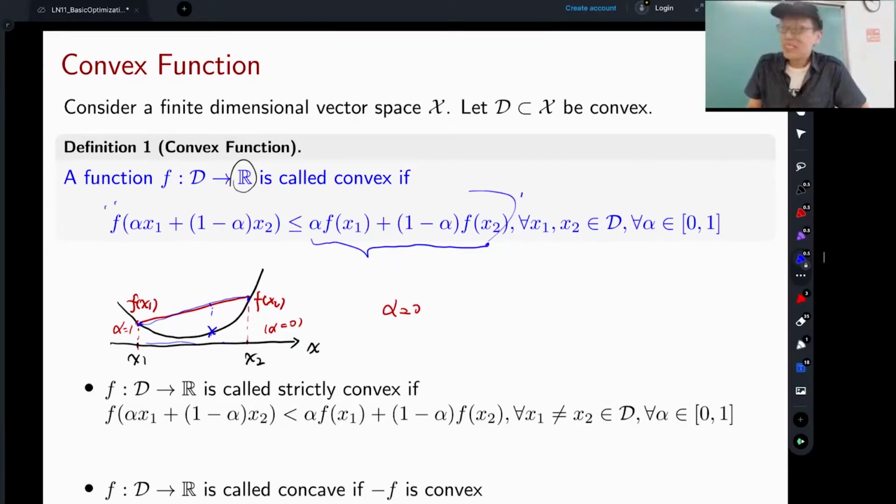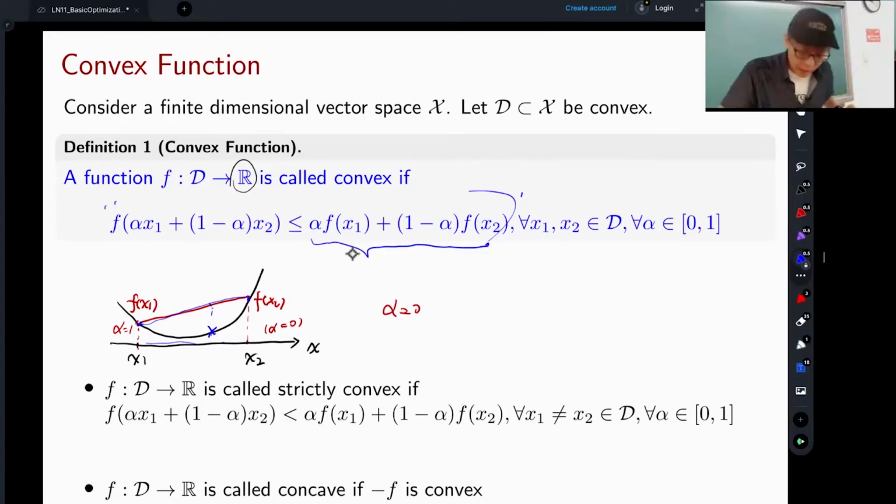Well, I think I forgot. The definition doesn't say whether it's continuous or differentiable. Typically a convex function is continuous. I think it's true, but I may need to check. And it definitely doesn't need to be differentiable.